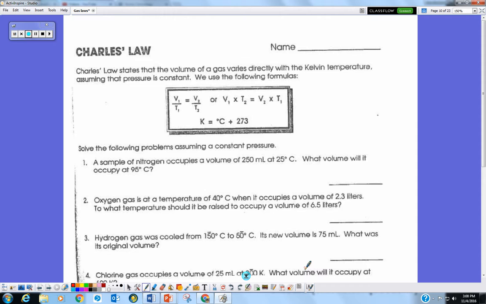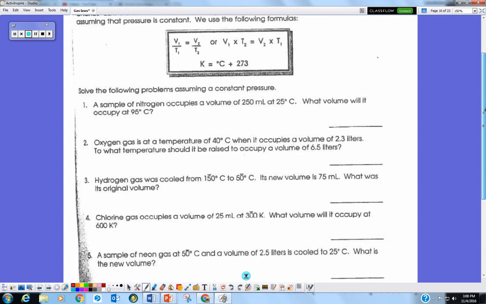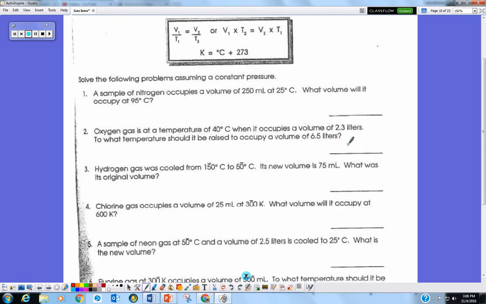All right, so looking at an example of how to work a Charles's law, we can set this relationship up as V1 over T1 equals V2 over T2, or we can put it in a relationship like this: initial volume times new temperature equals new volume times initial temperature.